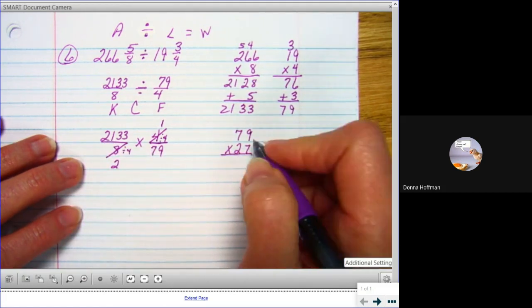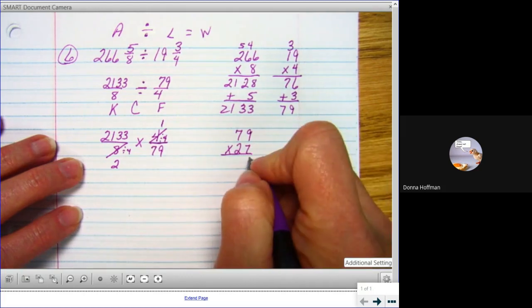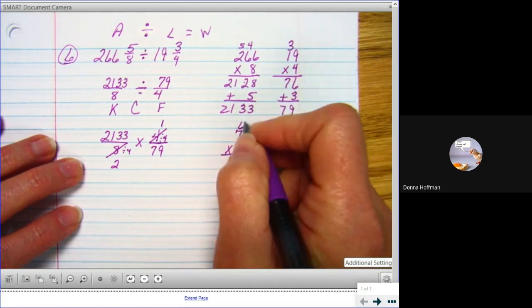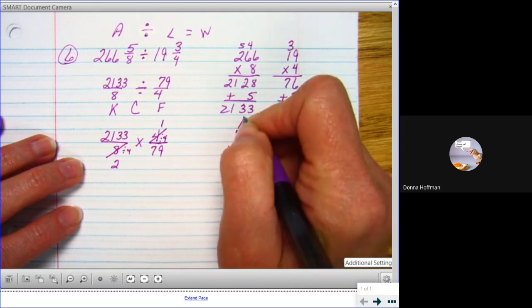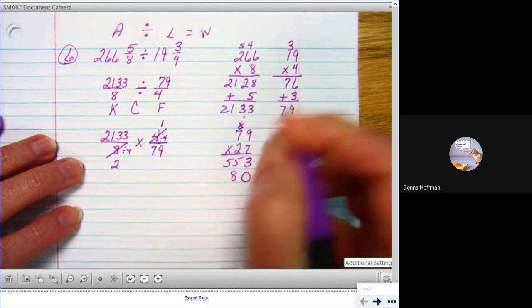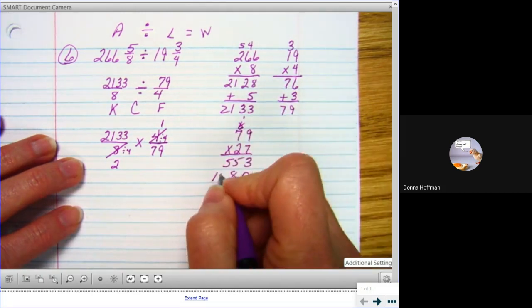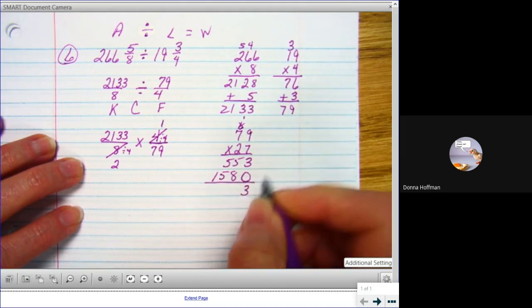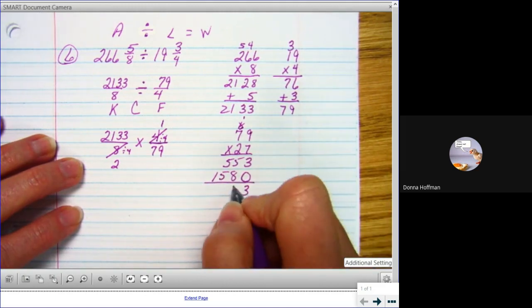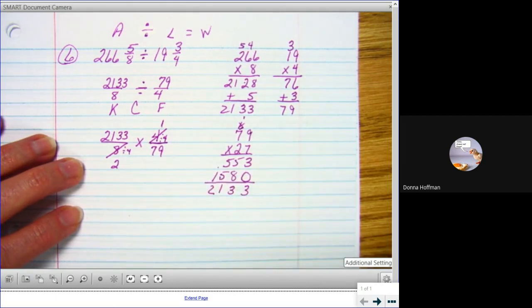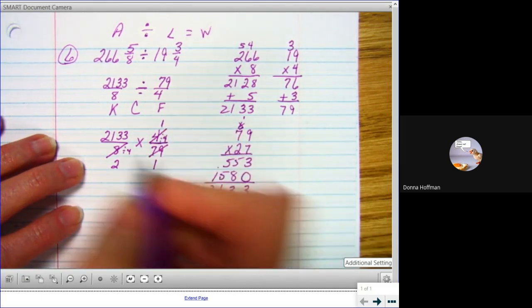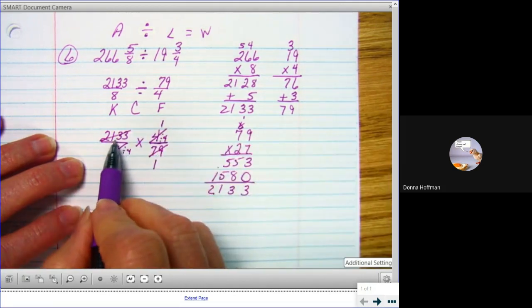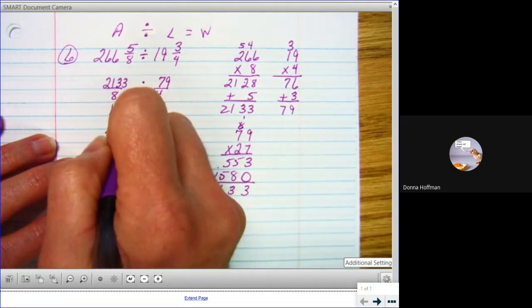I just have a gut feeling about that. 7 times 9 is what, 63? 49, 55. Bring my 0 down. 18, carry my 1. 2 times 7 is 14, that's 15. 11. Look at that. Oh my goodness. So 79 goes into 2,133, 27 times.